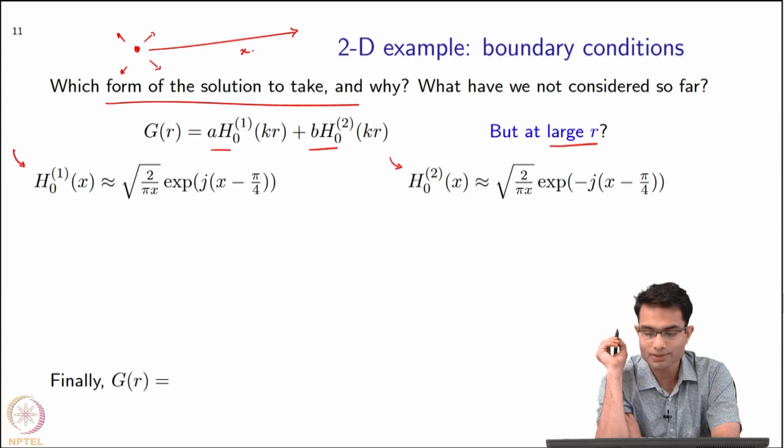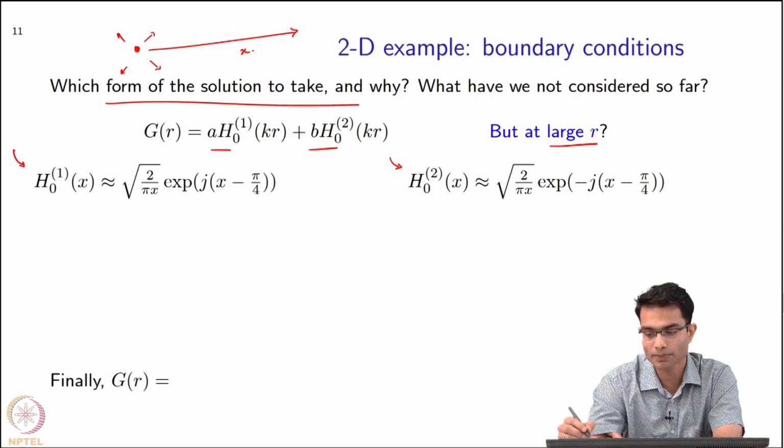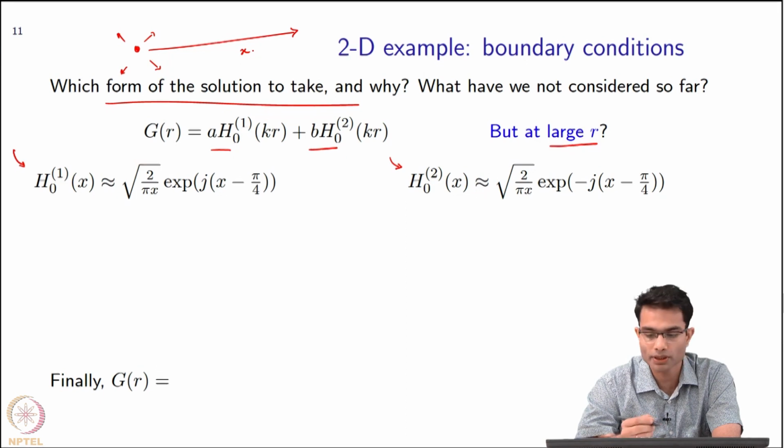Now, looking at this, you get an intuition of which form is physically acceptable. Second one, because both are decaying. What is the amplitude of both of these? Root 2 by pi x. So, at large x, both go to 0.